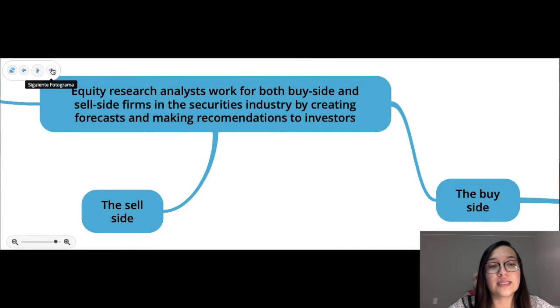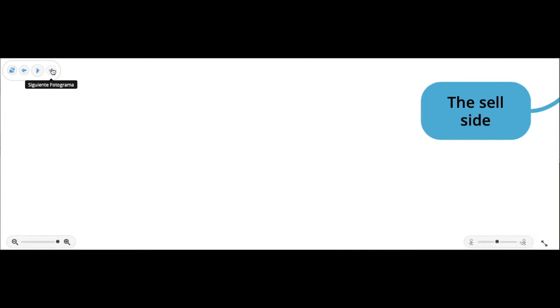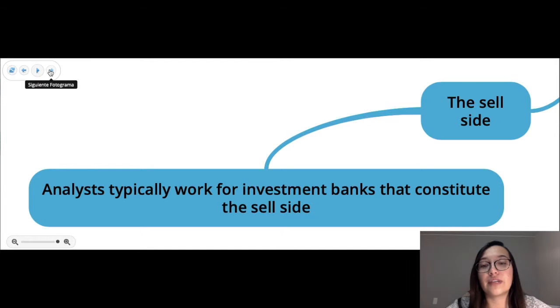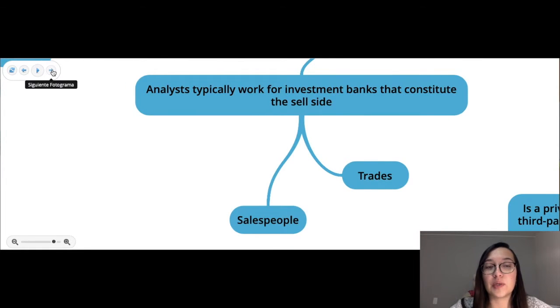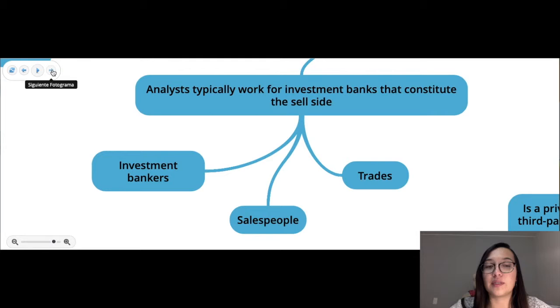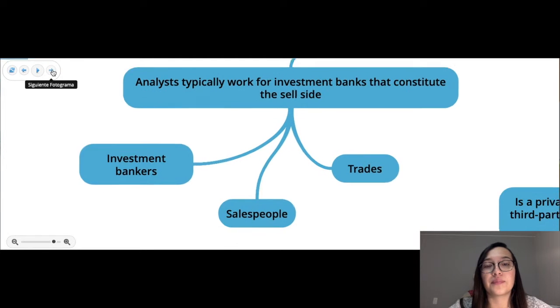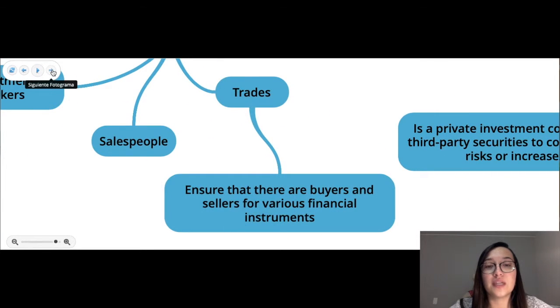Let's talk about the sell side. Analysts typically work for investment banks that constitute the sell side. Traders, salespeople, and investment bankers. Traders ensure that there are buyers and sellers for various financial instruments.